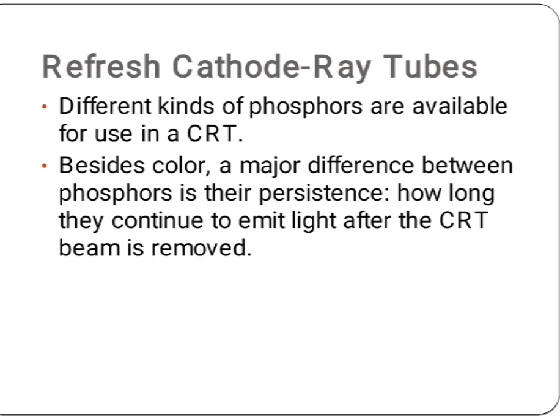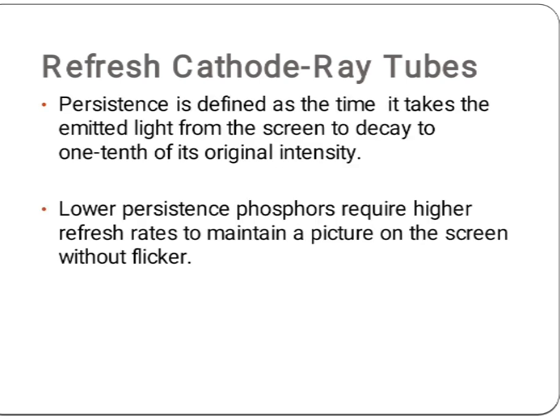Different kinds of phosphors are available for use in a CRT. Besides color, a major difference between phosphors is their persistence: how long they continue to emit light after the CRT beam is removed. Persistence is defined as the time it takes the emitted light from the screen to decay to 1/10 of its original intensity.